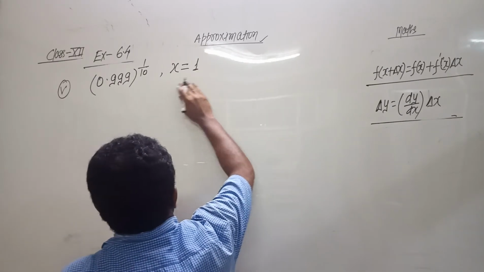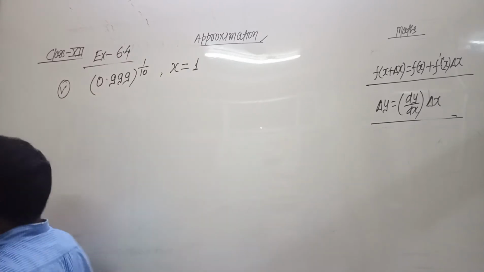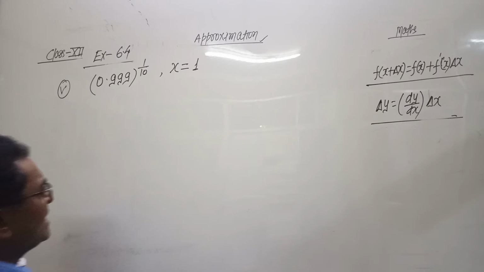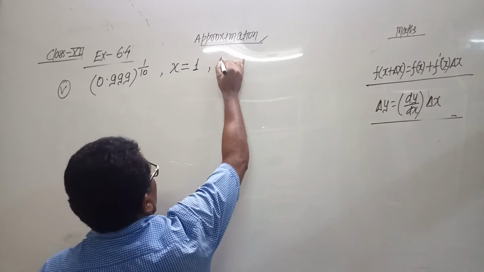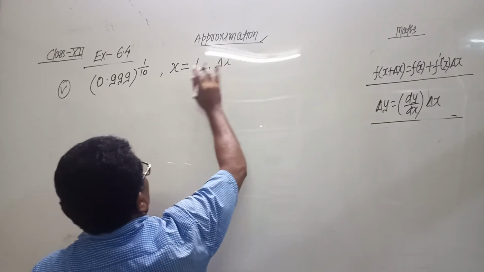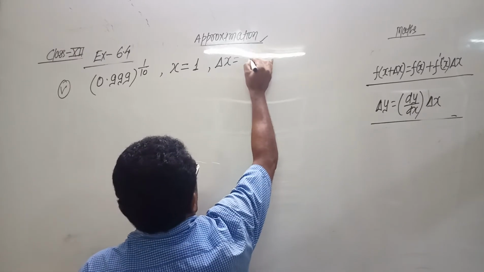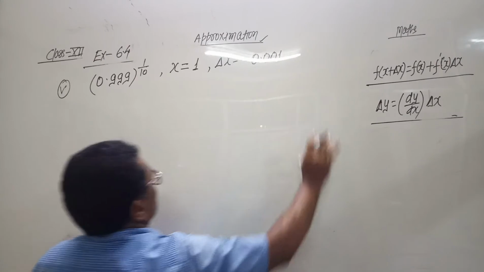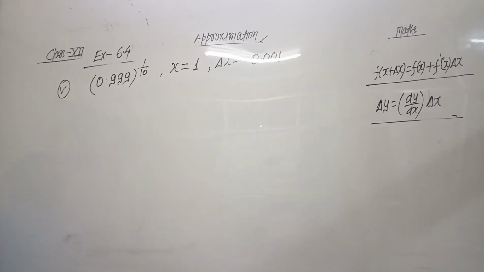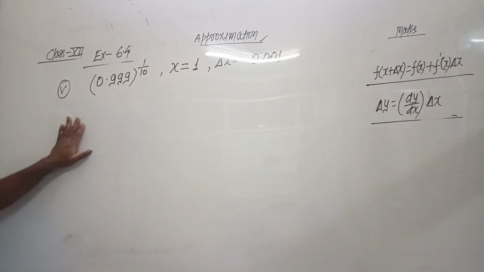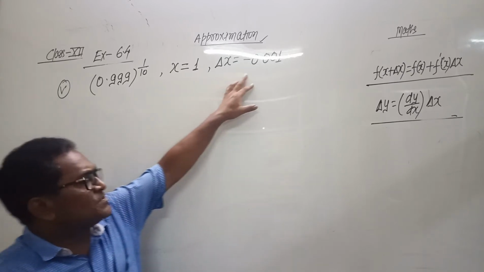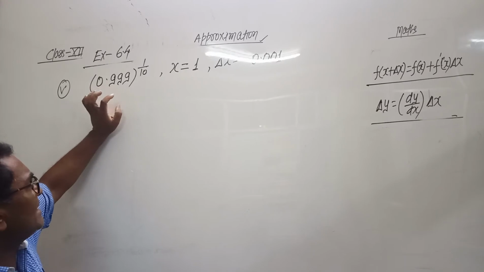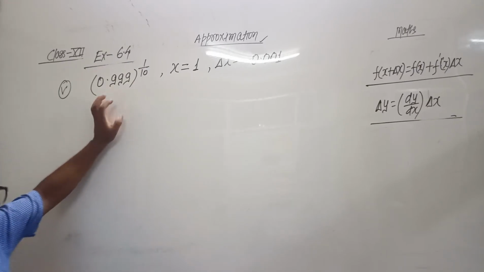And the value of x we have taken is more than 0.999, so the value of delta x must be negative, minus 0.001. So the value of delta x comes to be minus 0.001. Why does it come minus? Because the value of x we have chosen is greater than 0.999.